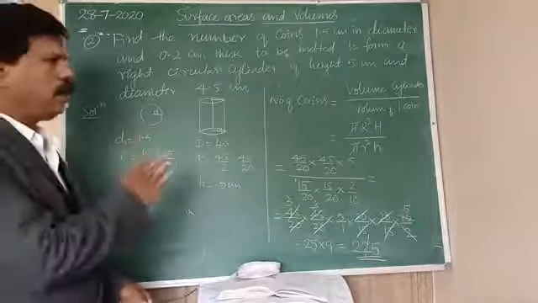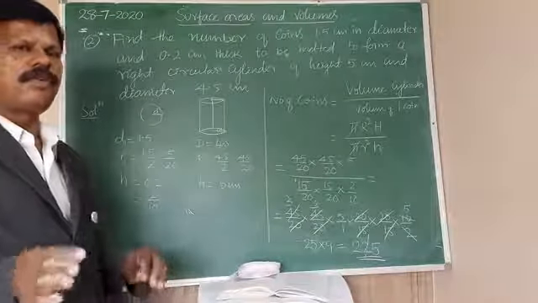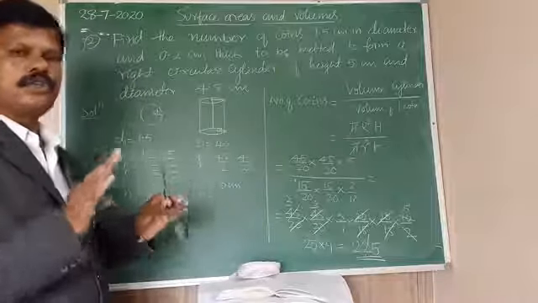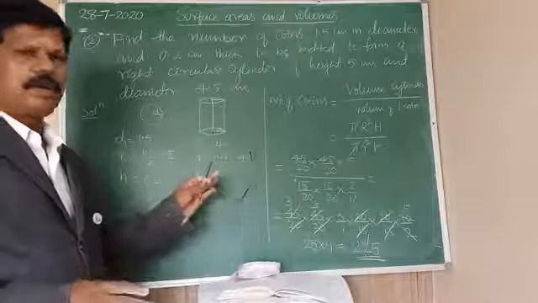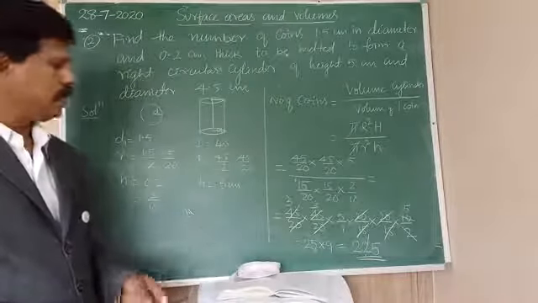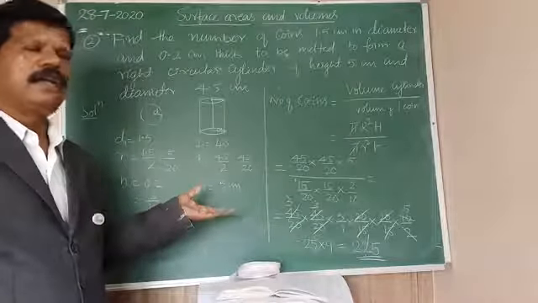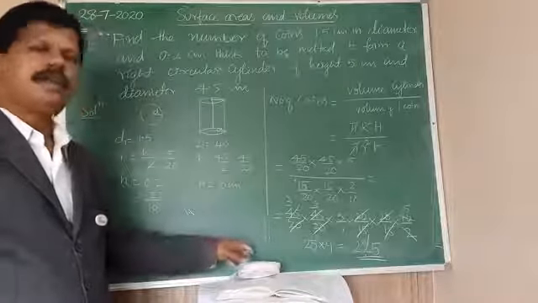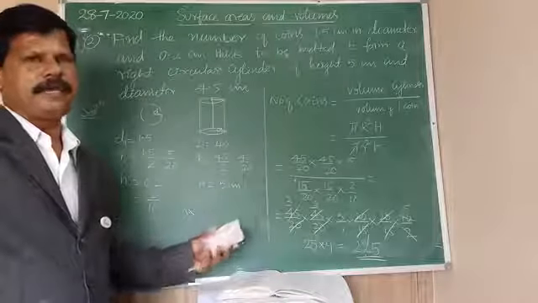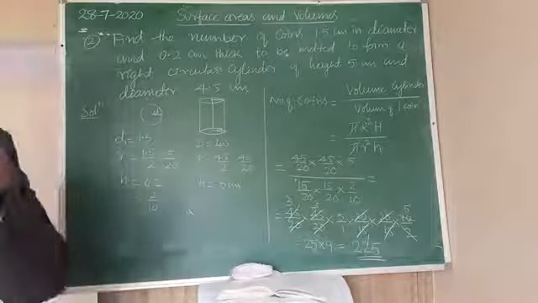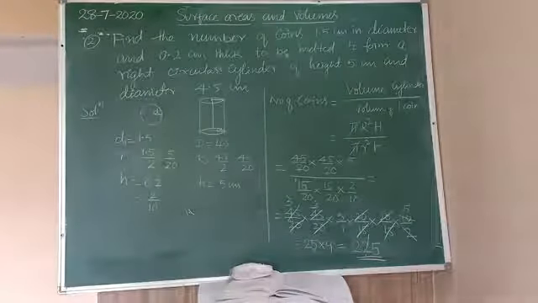I am doing different problems apart from your exercise ones because you are at home. So do the problems in the exercises at home, because you have the reference books. Go through that. Even if you have a doubt, you can call me at any time. Clear? So this is another different question.